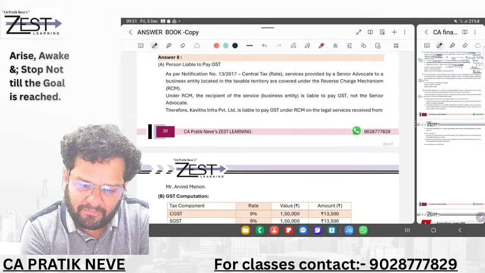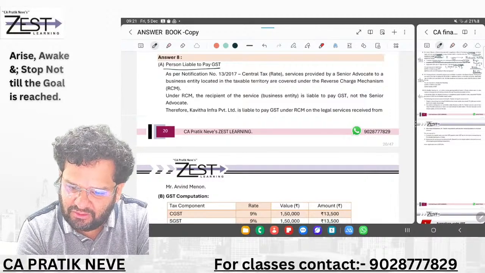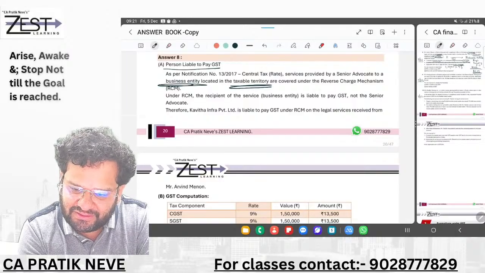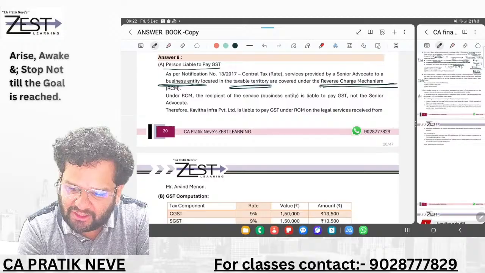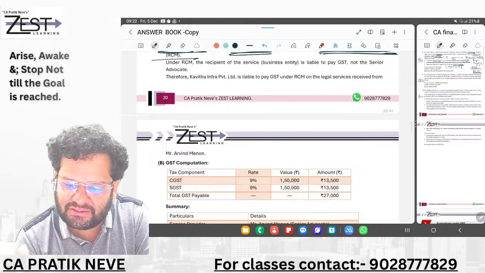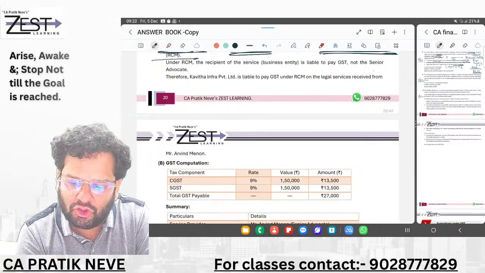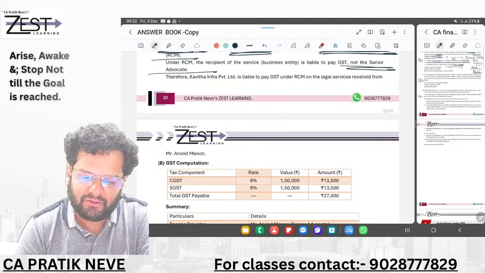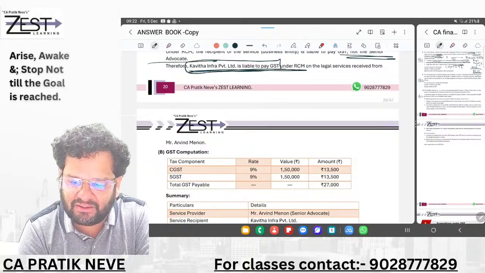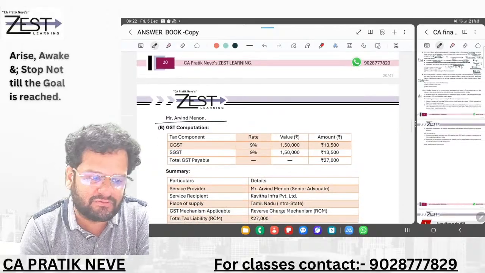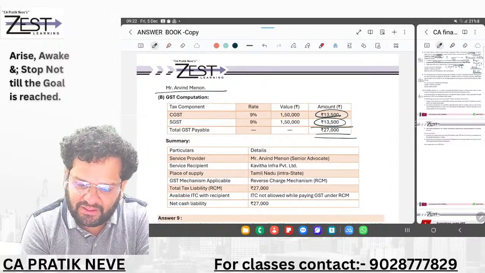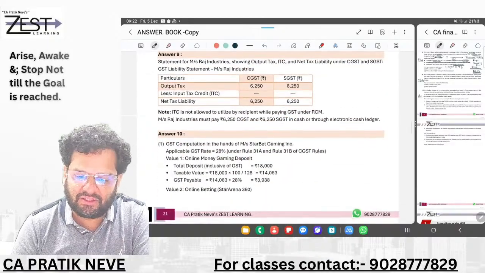So see, as per so and so notification, services provided by a senior advocate to a business entity in the taxable territory will be chargeable to tax on RCM basis. Under RCM, the recipient of service is liable to pay GST, not the senior advocate. Therefore, Kavitha Infra Private Limited is liable to pay GST under RCM on legal services received from Arvind Menon. Clear? So as we calculated, 13,500 each and total 27,000.